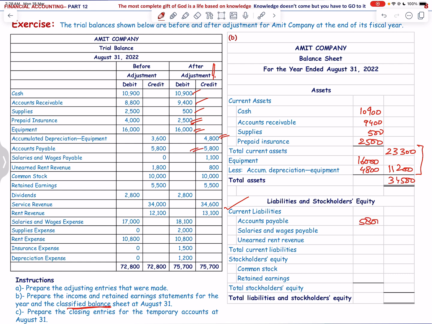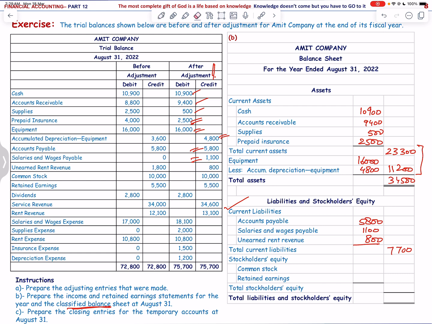Then we have unearned rent revenue, and unearned rent revenue is 800. So the total current liabilities is the total of all these items, that is equal to 7,700. Then we have the common stock, and the common stock is 10,000.